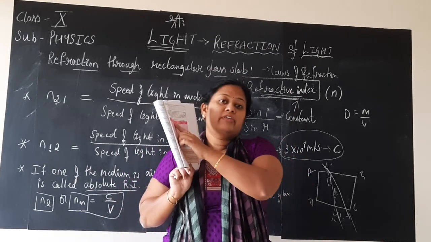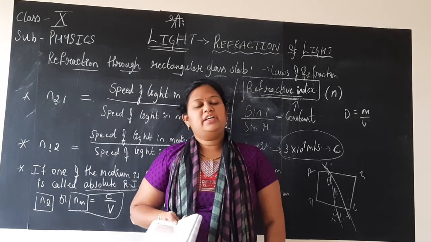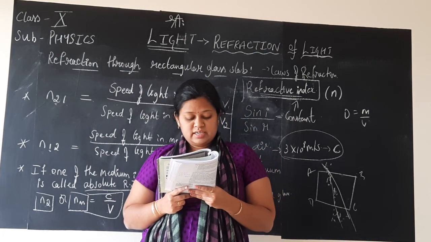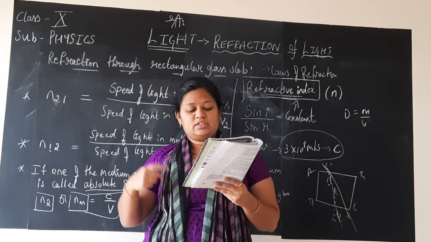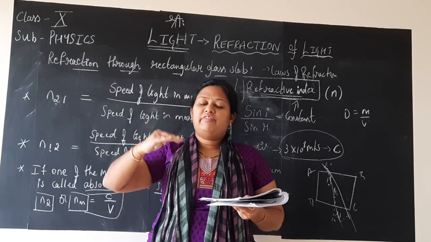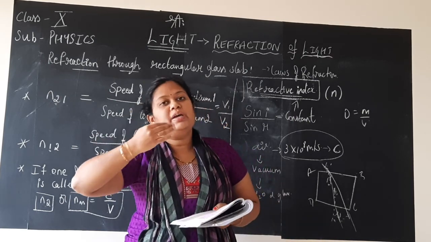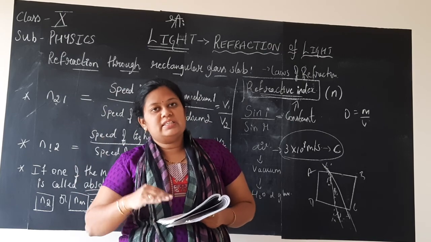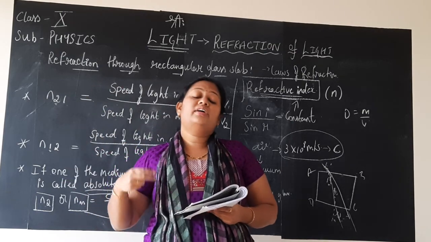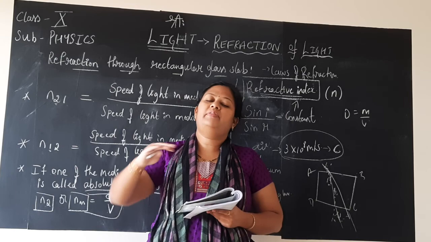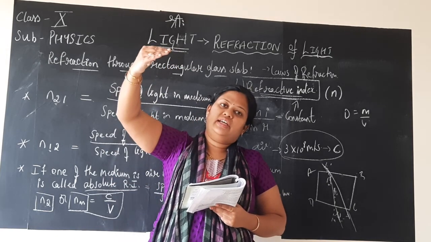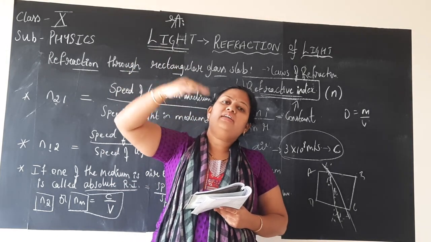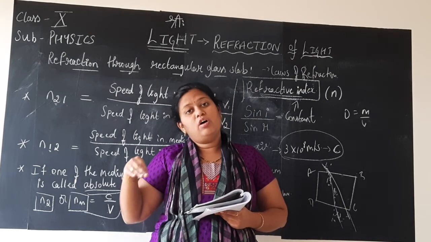Based on the values of refractive index of the medium. A larger refractive index means optically denser medium. If the refractive index is more, it is said to be optically denser. If the refractive index is less, it is said to be optically rarer. Optically denser if the refractive index is high, optically rarer if the refractive index is low.